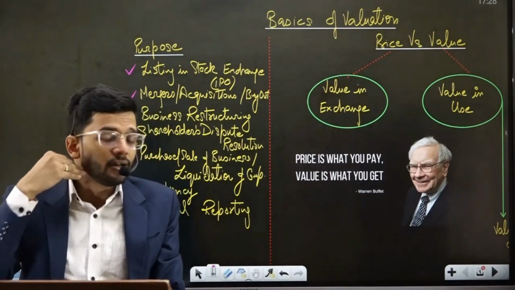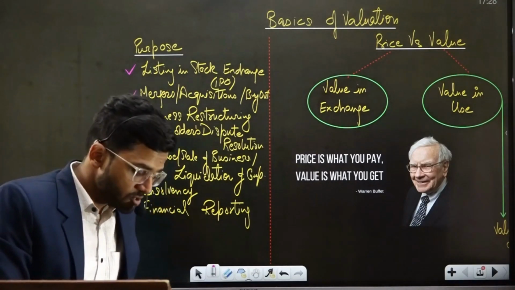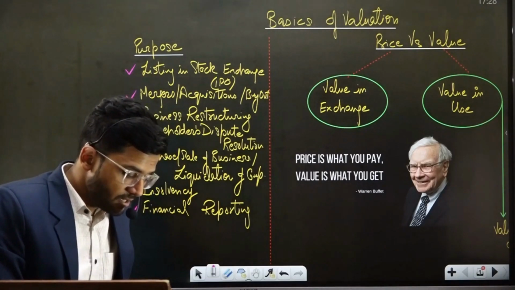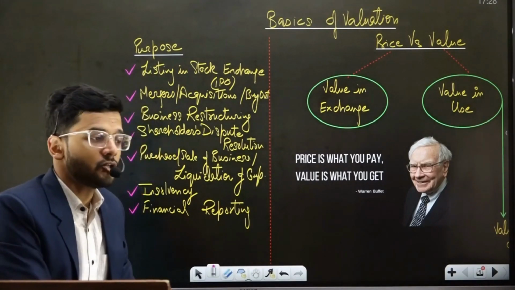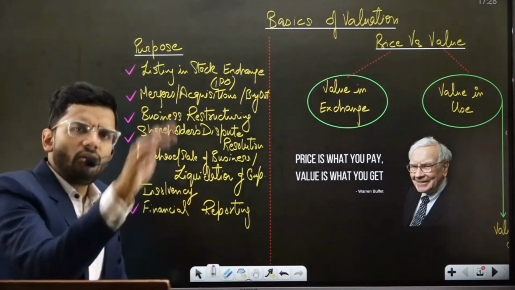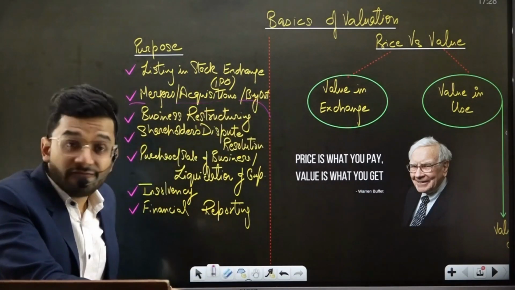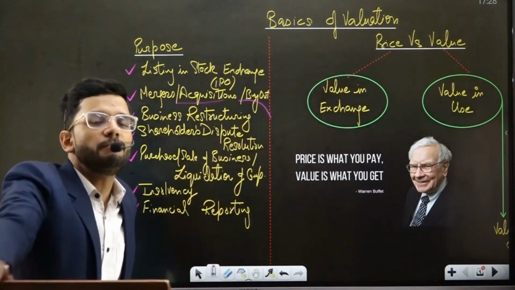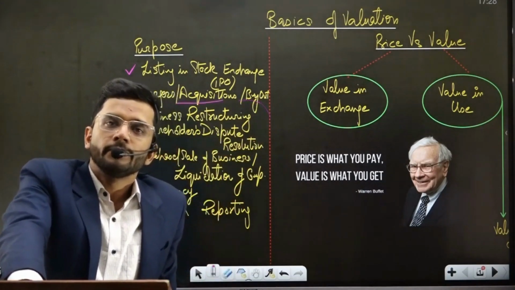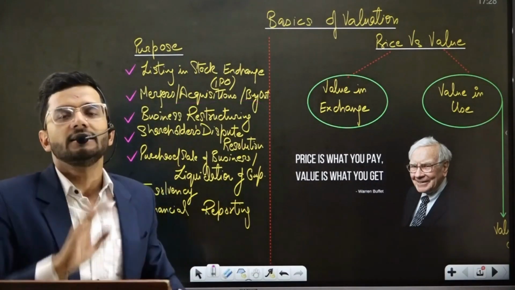Some people sell off their loss making division, or a division which is not earning so much profit. They sell it to certain other companies to manage it, so that they can manage the core things well. In all these processes, mergers, acquisition, buyout, valuation will be of paramount importance, because there will always be a conflict between the buyer and seller regarding the price.